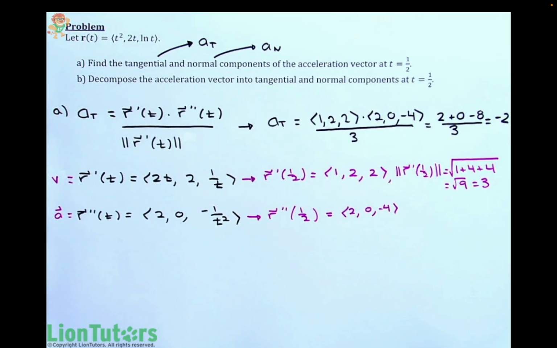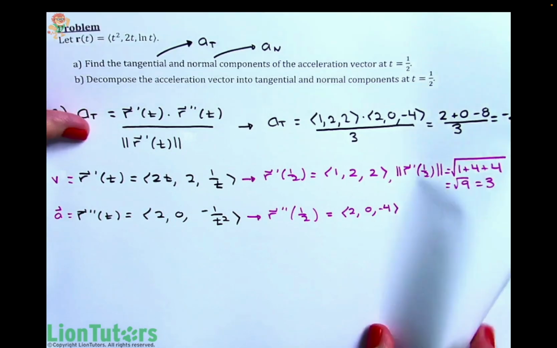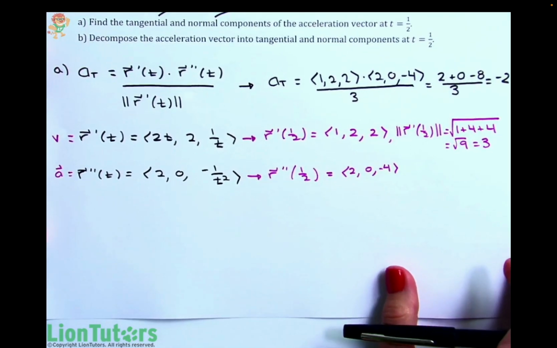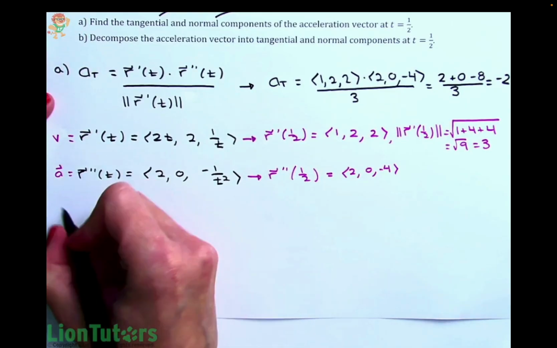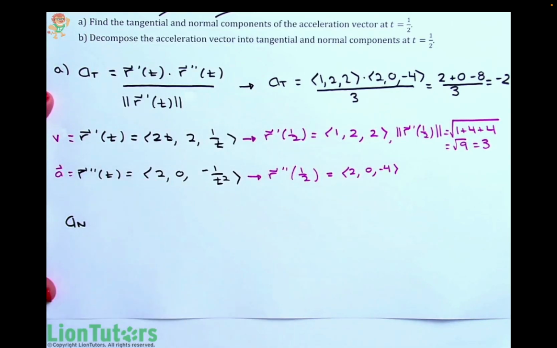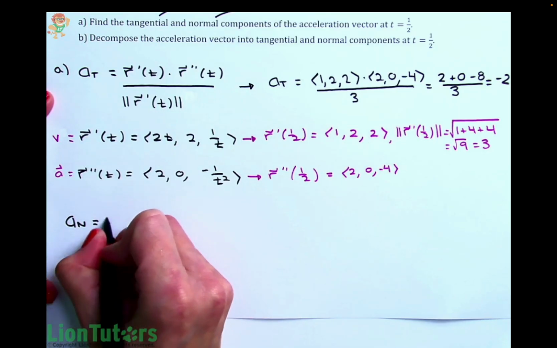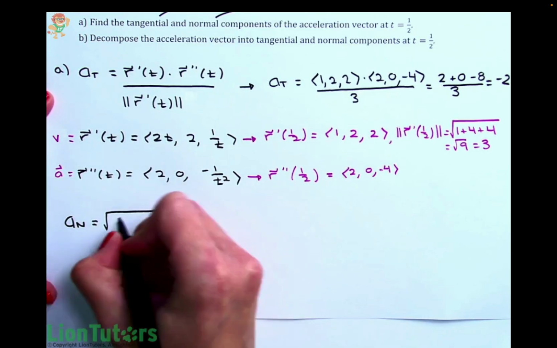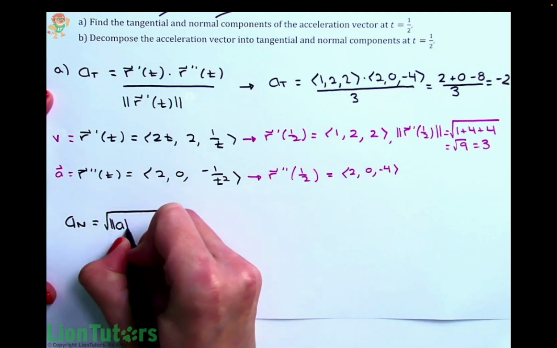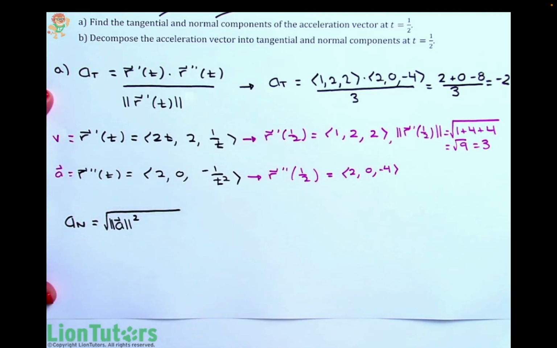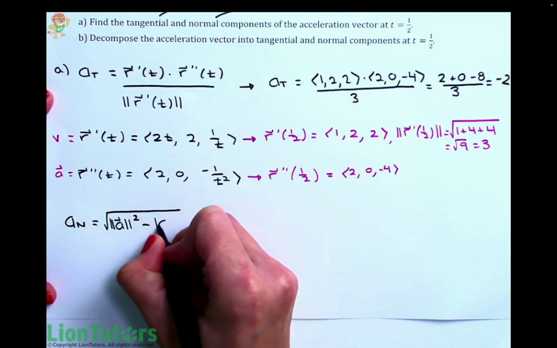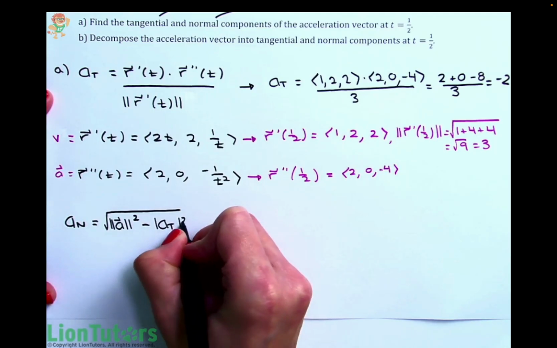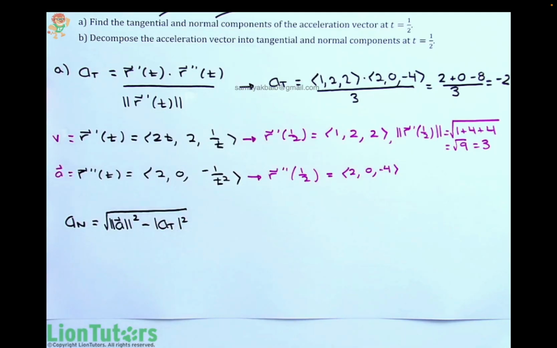All right, so that's our a sub t, and now let's compute our a sub n, our normal component of acceleration. Again, there's a couple different formulas that you can use here. I'm going to use the formula that a sub n is equal to the square root of the magnitude of our acceleration squared minus the absolute value of our tangential component of acceleration squared.